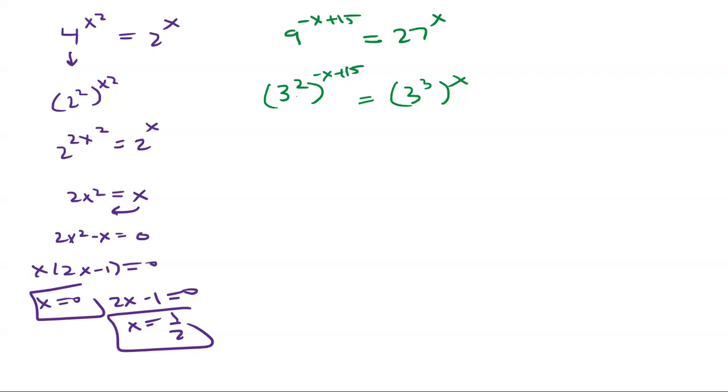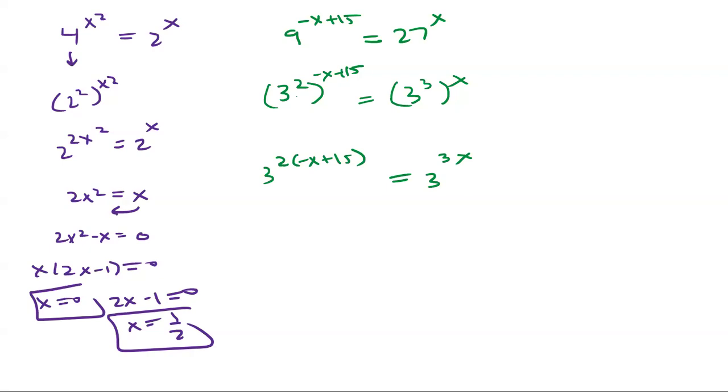All right, so again, the power to a power we multiply. So that's going to give us 3 to the 2 times negative x plus 15 equals 3 to the 3x.